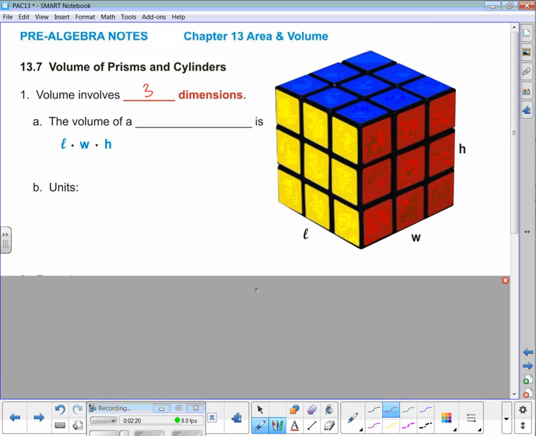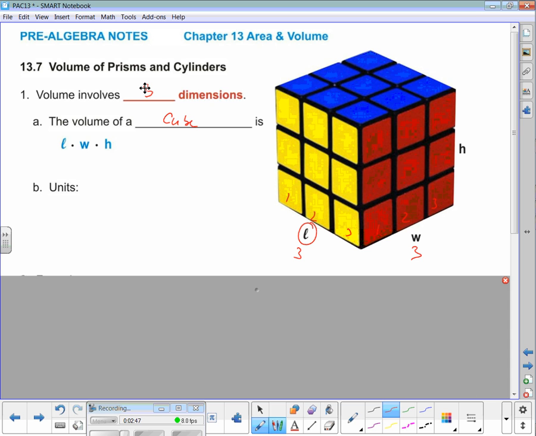All right. So the volume of a cube, and what we mean by a cube is the length is the same as the width is the same as the height. So look at the length here. Can you see it's 3 units long? 1, 2, 3, right? What's the width? 3 units long, right? 1, 2, 3.